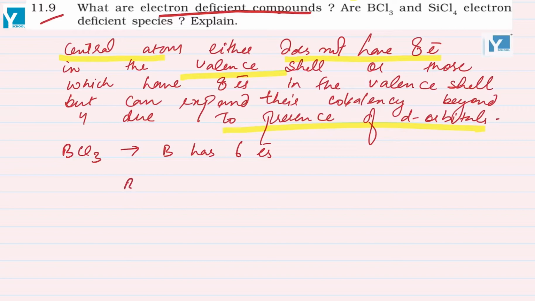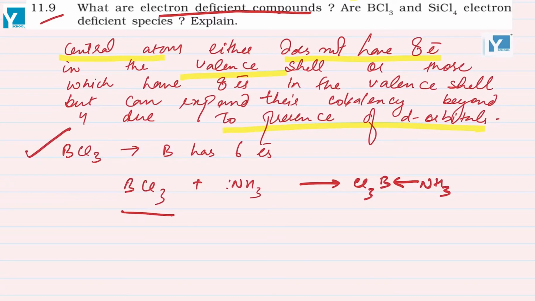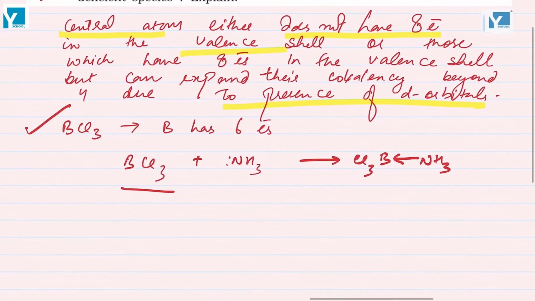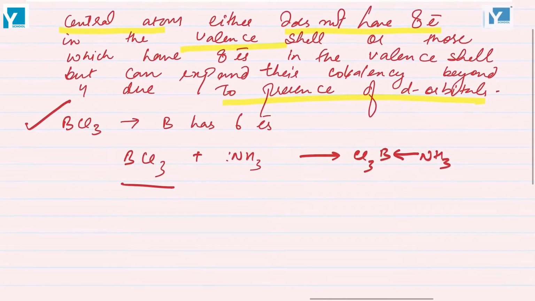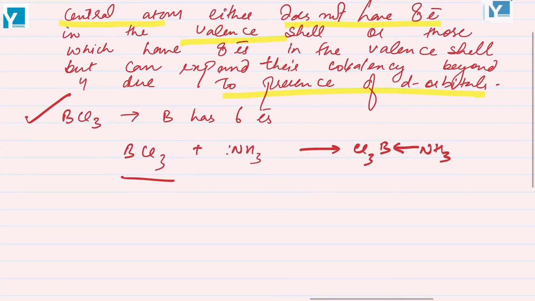So we can see that BCl3 reacts with ammonia and forms an adduct, right? And here BCl3 acts as a Lewis acid because it is an electron deficient species with 6 electrons in the valence shell, and it wants to complete its octet.